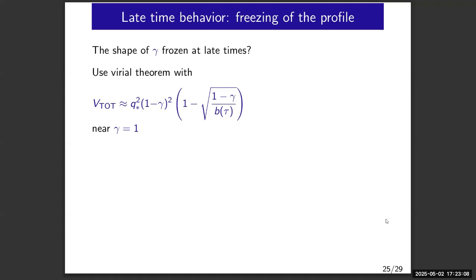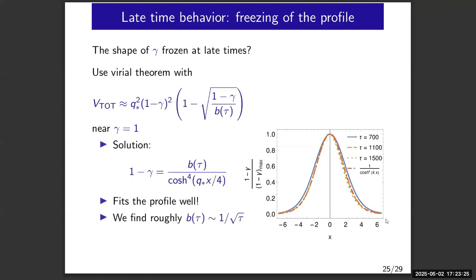But the square root term here captures nicely the higher order corrections of the potential. Overall, this is a reasonable approximation to the total potential. If you plug this into the virial theorem and solve, you get this solution. This is the red dot-dashed curve here, which fits the profile quite well. And this beta parameter here, we find roughly decays as the inverse of the square root of small.